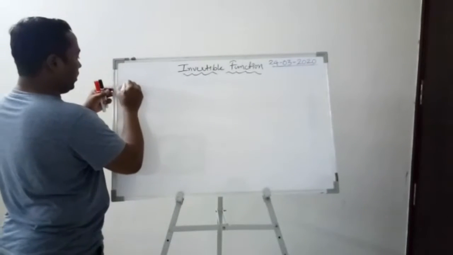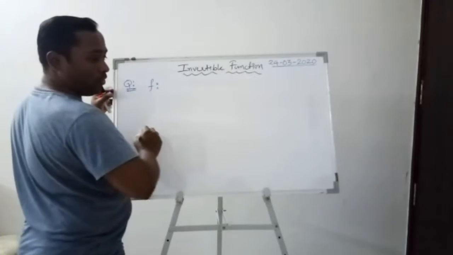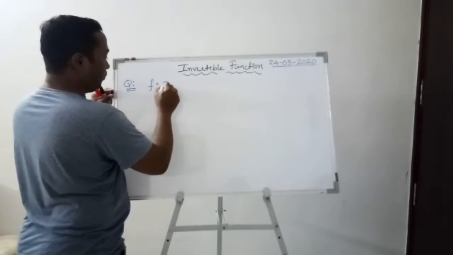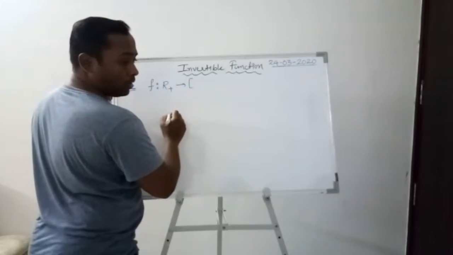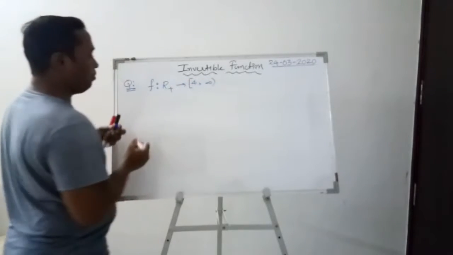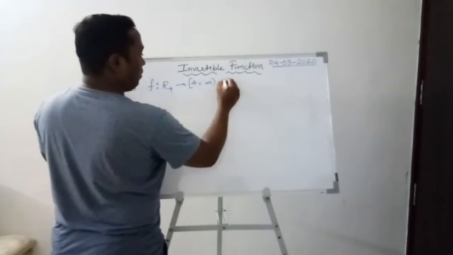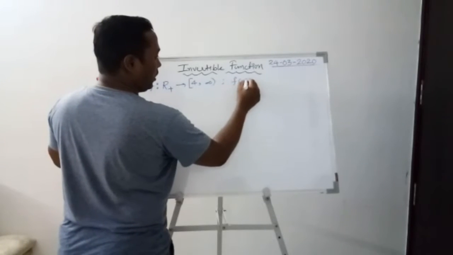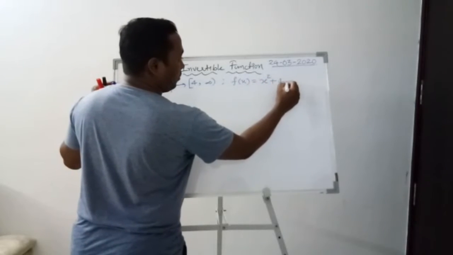Now the question is: the function is defined from positive real numbers to 4 comma infinity, where the function is defined as f of x equals x square plus 4.